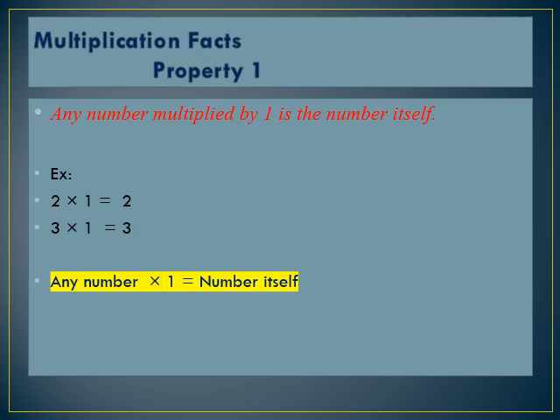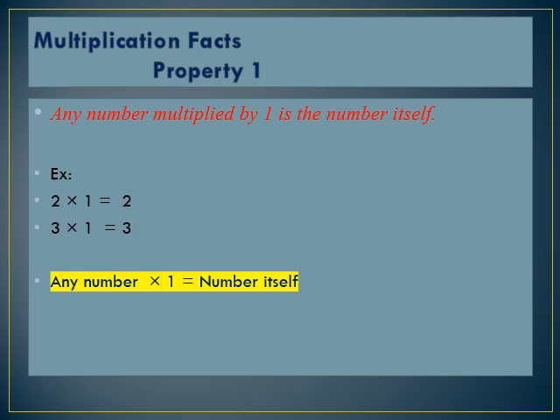2 into 1 is equal to 2. Here we multiplied the number 2 by 1 and we got the answer as 2. That is the number itself. Let us see one more example. 3 multiplied by 1 is equal to 3.